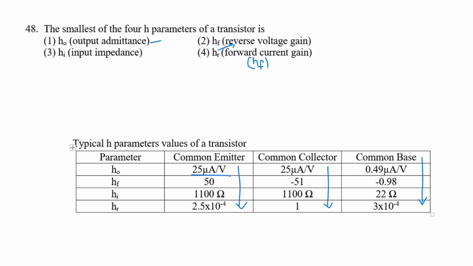The lowest value among all these 4 H parameters is output admittance H4. It is in micromhos. So option 1 is correct. Smallest of all 4 H parameters is output admittance.